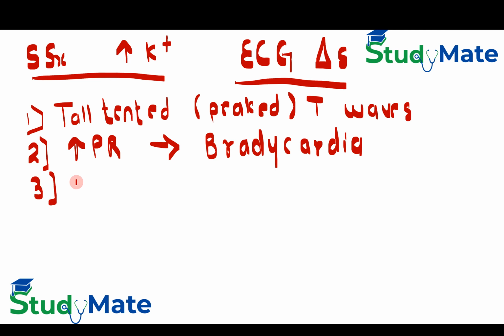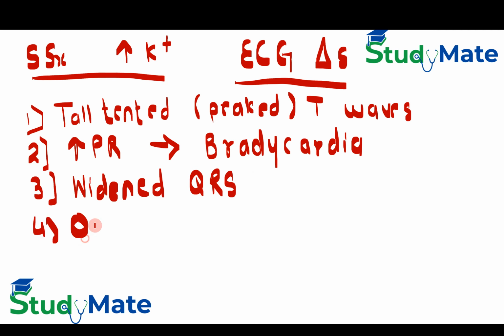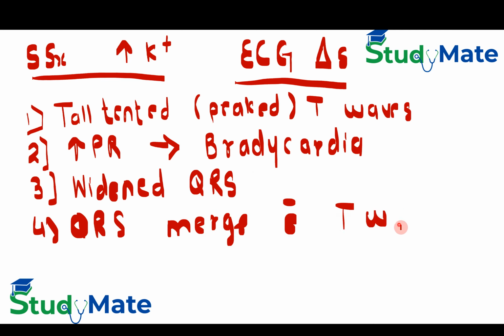The third thing that you may encounter when potassium levels are further increased will be widened QRS complex, and the QRS complex will be wide to such an extent that the QRS may merge with T waves in the ECG, and it will be called a sine wave.